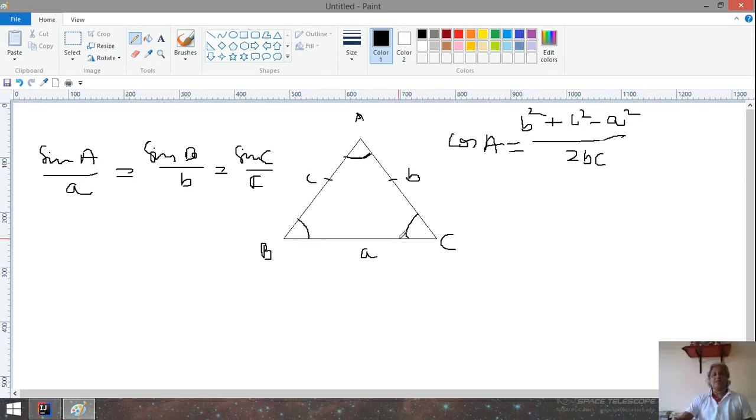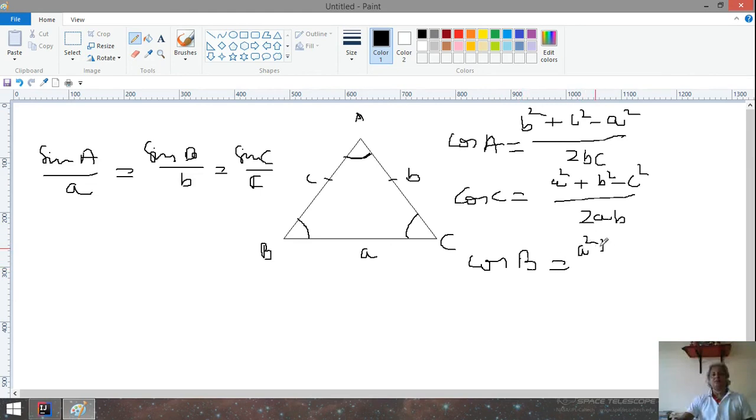Now if I go for cos C, then cos C is a square plus b square minus c square upon 2ab, and cos B is a square plus c square minus b square upon 2ac.